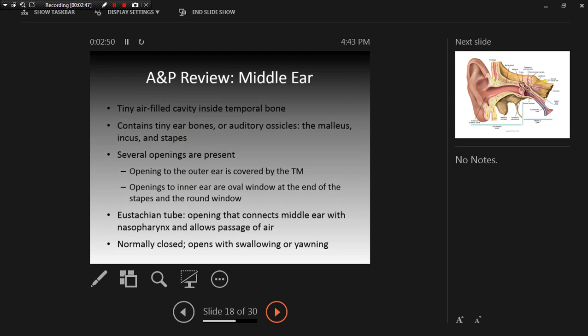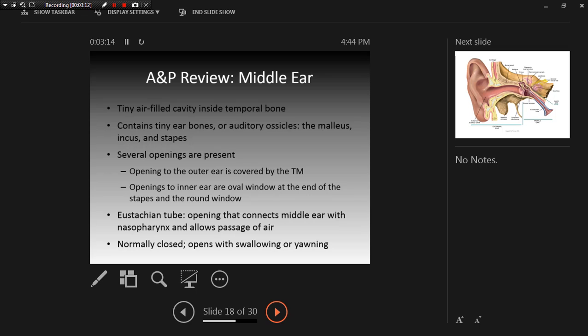So within the middle ear, we know it's a tiny air-filled cavity inside the temporal bone. It also contains three ear bones that are responsible for the production of sound. They're also referred to as ossicles: the malleus, incus, and stapes. In the middle ear, there are several openings. One is through the outer ear that's covered by the tympanic membrane.